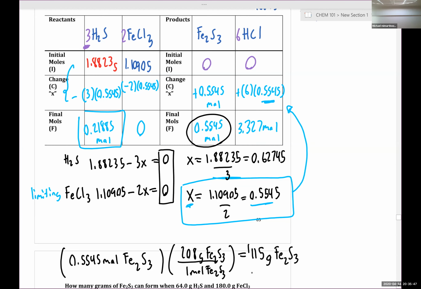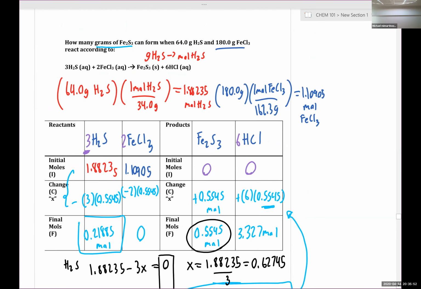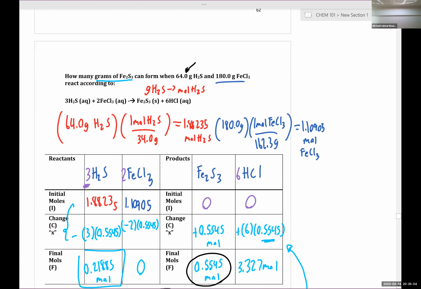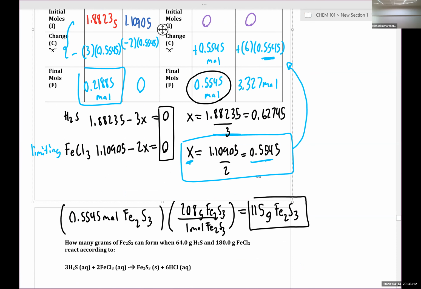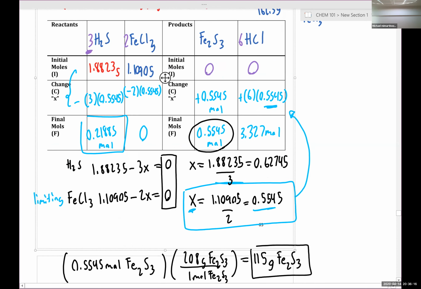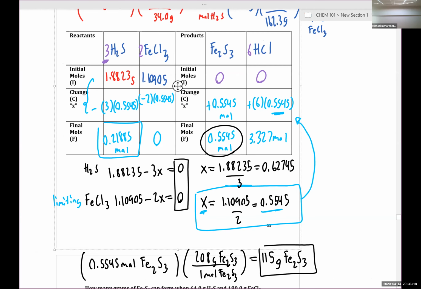And the reason why we report 3 sig figs is if we go all the way to the start of our problem, how many sig figs do we start out with? 3, exactly right. So we report up to 3 sig figs. Does that make sense to everyone? Does the logic behind the ICE table make sense so far?